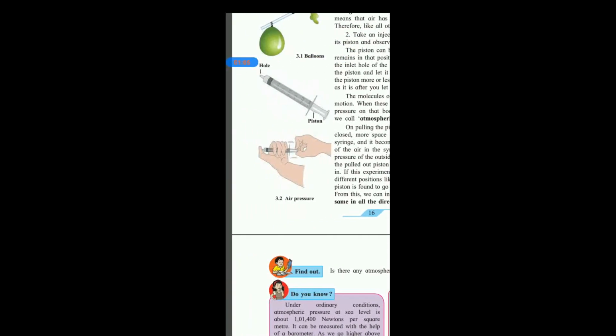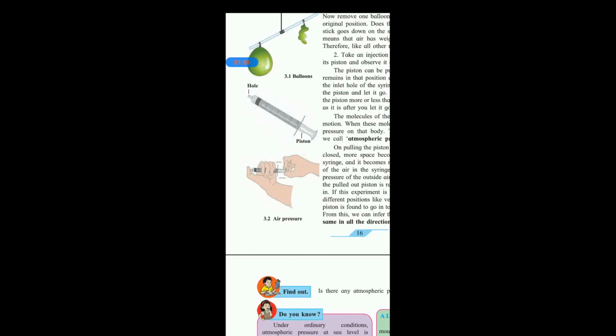When these molecules strike a body, they create a pressure on that body. This is the pressure of air that we call atmospheric pressure. Again, by the injection pistons, we saw the property of air, that we can infer that atmospheric pressure is the same in all directions.